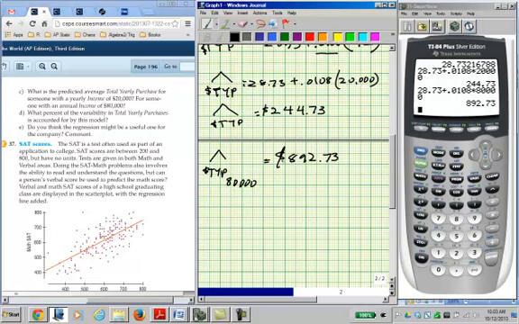All right, so D. What percent of the variability in total yearly purchases is accounted for by this model?